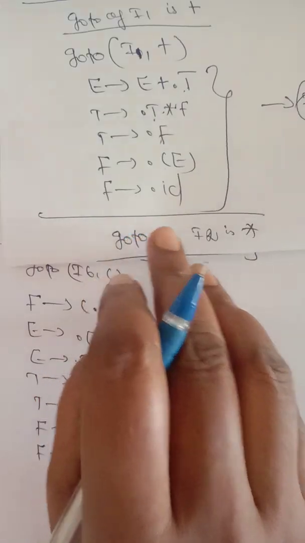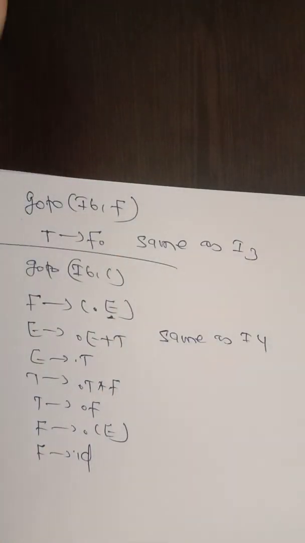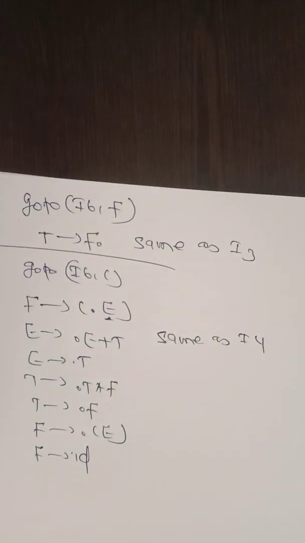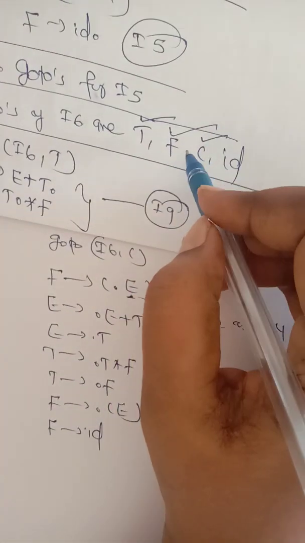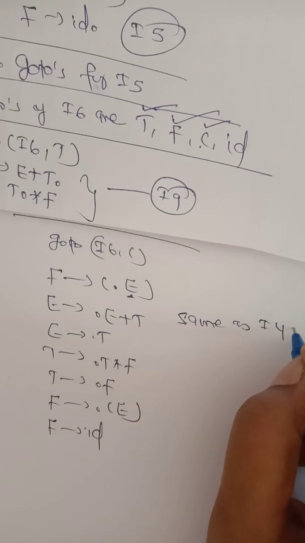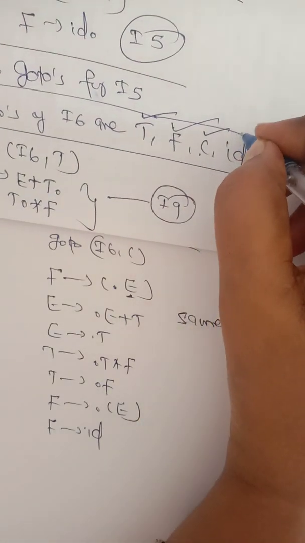Now we apply open bracket; the open bracket value gives the same as I4. Next we have to apply ID.